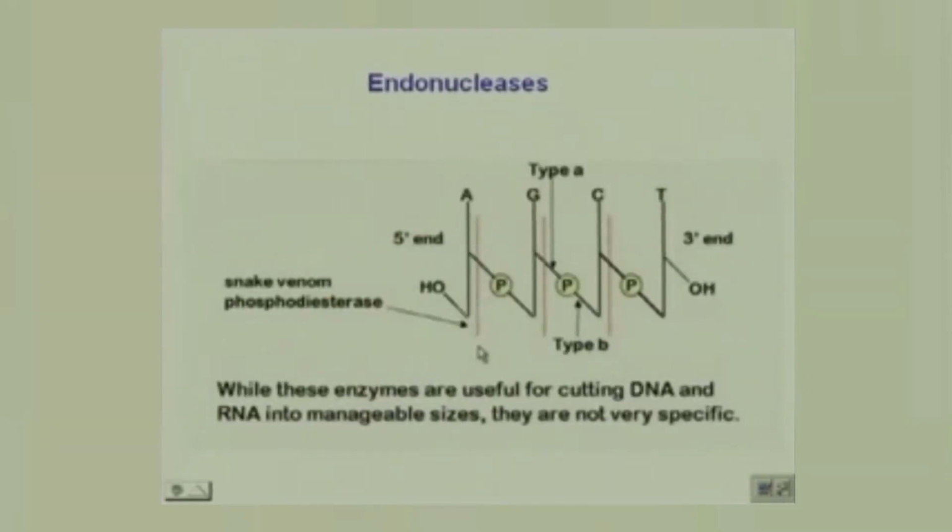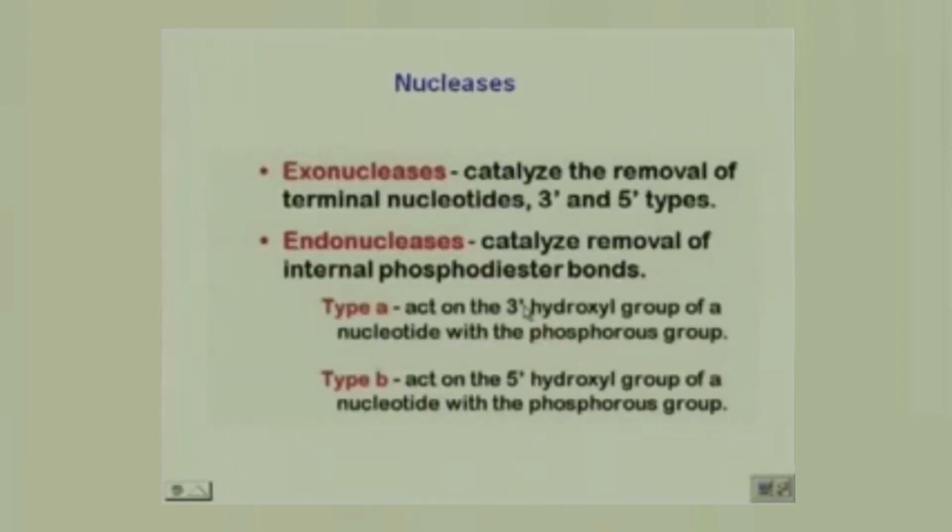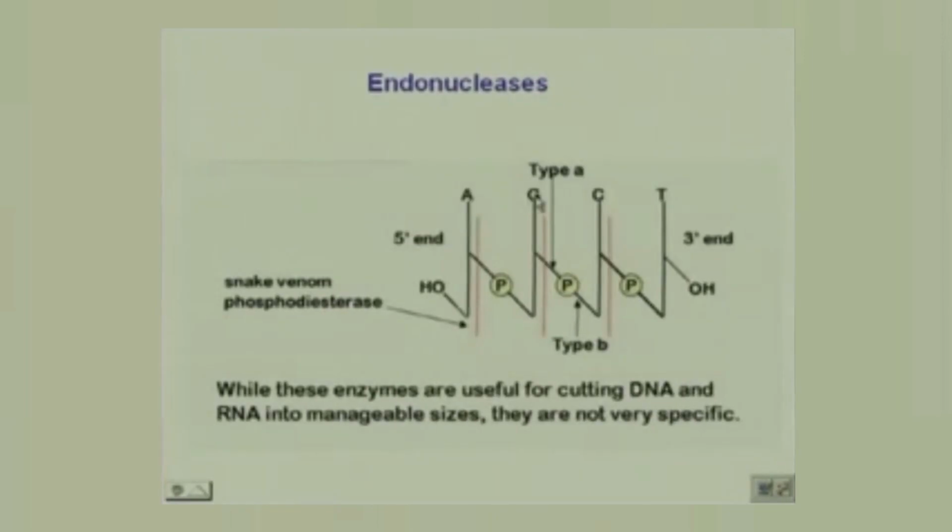So we have the 5' end and the 3' end. A type A acts on the 3' hydroxyl group. So we have our AG. What is this part? This is the 3' of this, right?